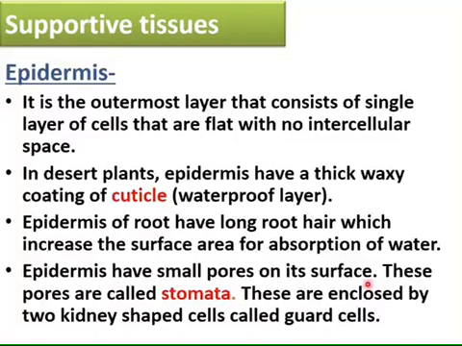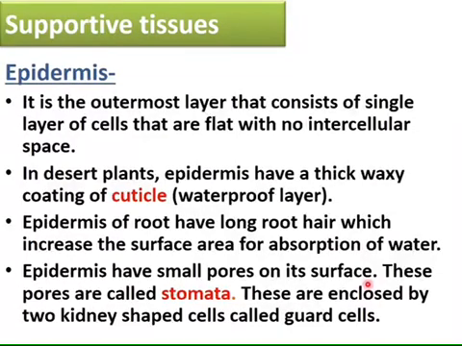So it was the first type of supportive tissue. We have learnt about its structure and location, and that the small pores which are present on its surface, that is stomata, have a very important function for plants.